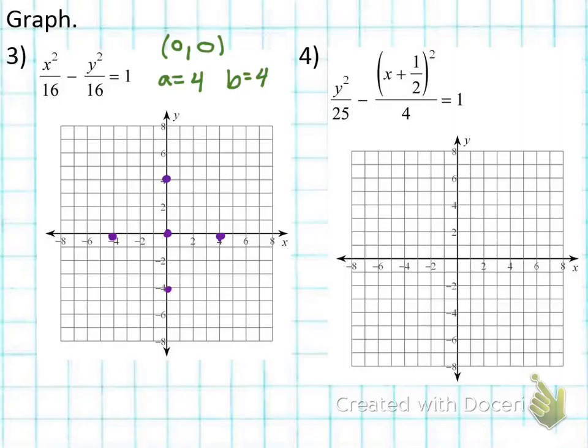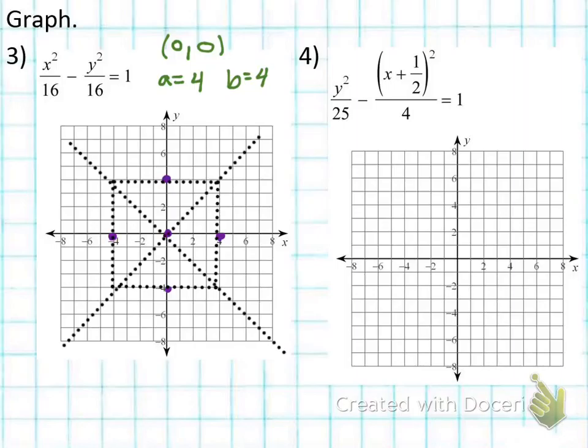Okay, so check your work now for number 3. I'm going to make the rectangle here, and actually, if you guys notice, A and B are the same. So what shape is that actually? Square. It's a square. Okay, so now I make my diagonals. Okay, and then I'm going to do the curves on the left and right, right?